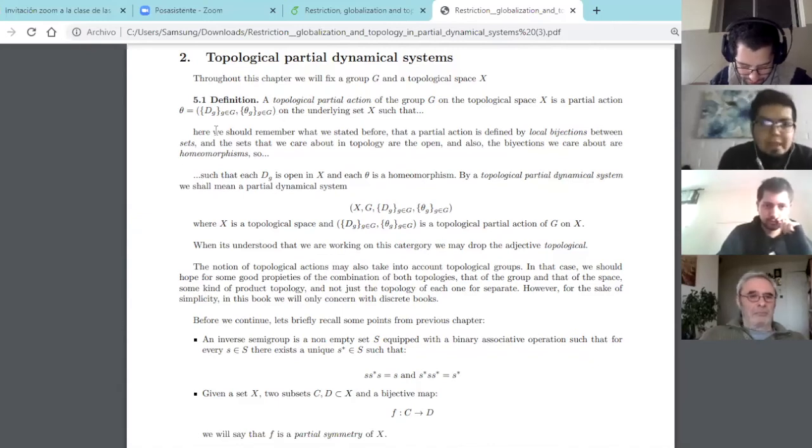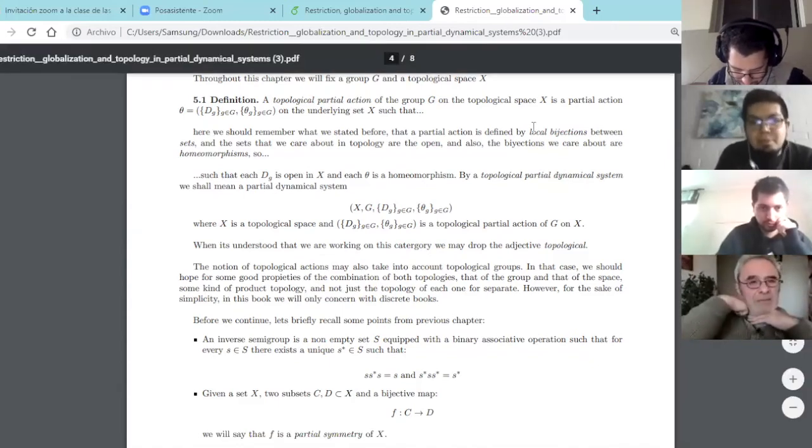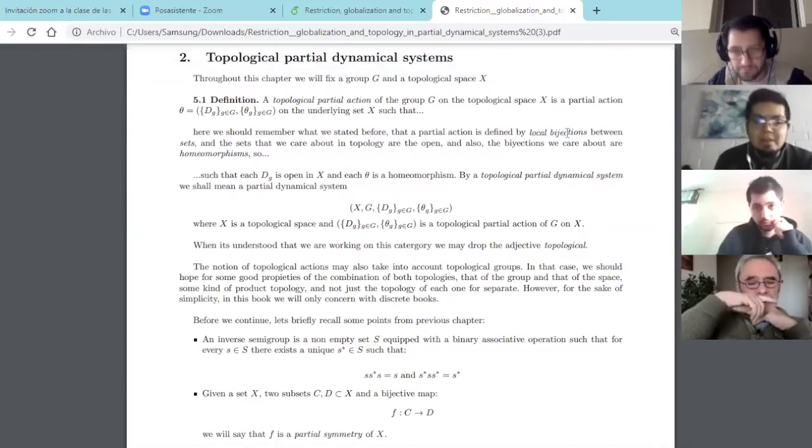Here I want to remind you of the comment I made before: in partial actions, we care about local bijections, as I said before, and I put it in italic because that's not a formal way to say it.